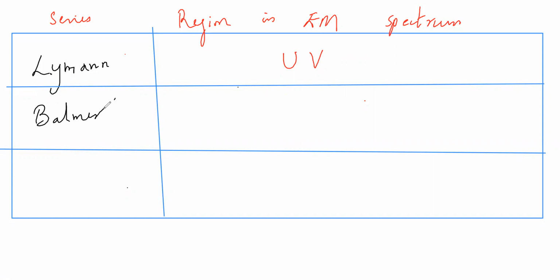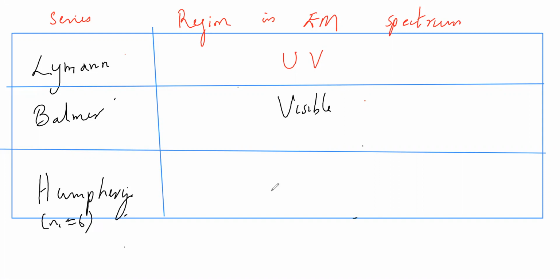So leave out Pfund. There is one more thing called Humphreys. So that has been asked. One more series, it starts from n1 is equal to 6, Humphreys. Normally the textbook may not give it. So Balmer is in the visible region. The Humphreys is in radio waves.